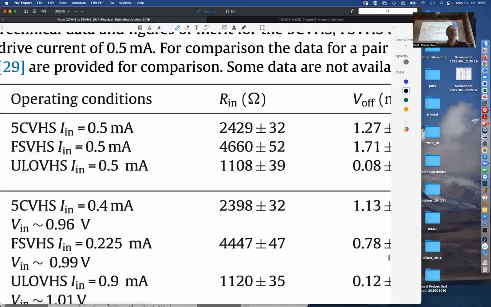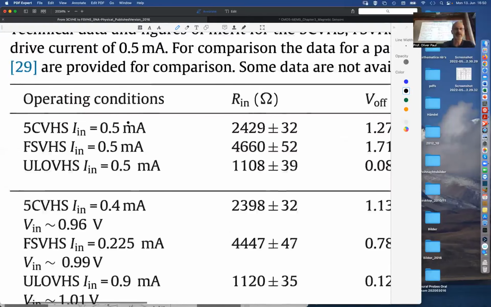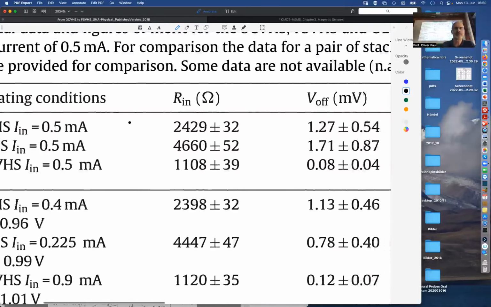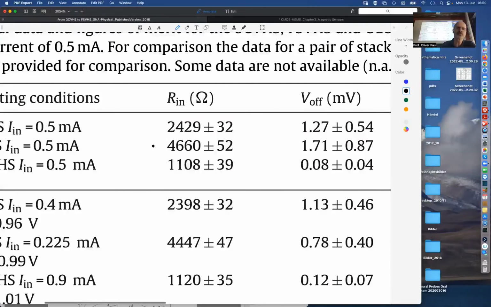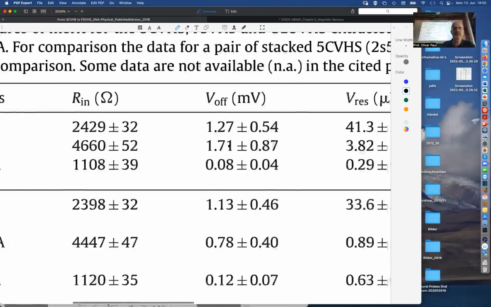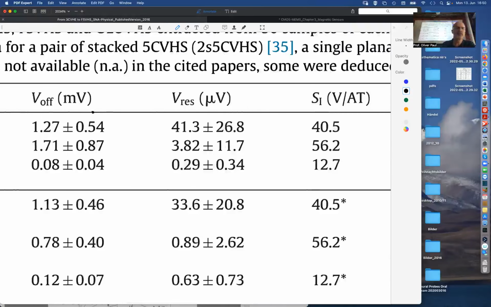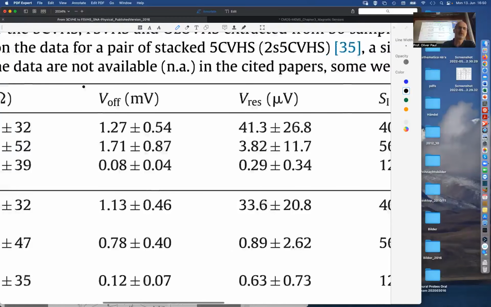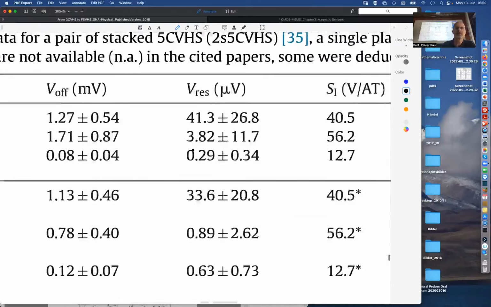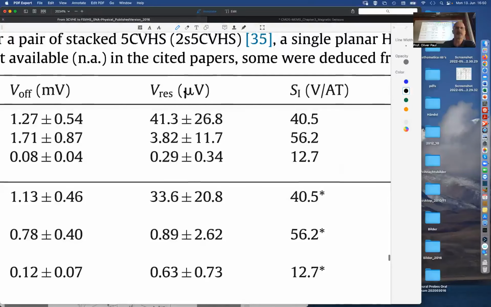Okay. Yeah. So operating conditions. So what do we have? Well, different input resistances. Sure, not amazing. The offset voltages of the individual phases are similar, but the residual offset is much smaller. It's decreased by a factor of 10, which means that you can do 10 times better.